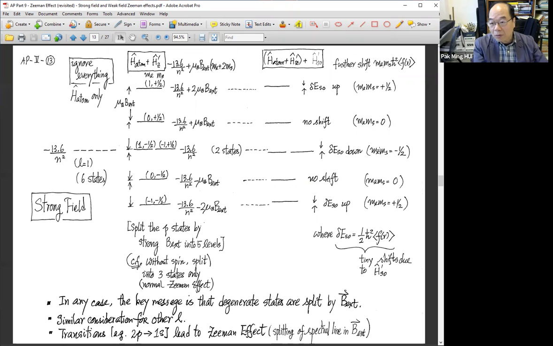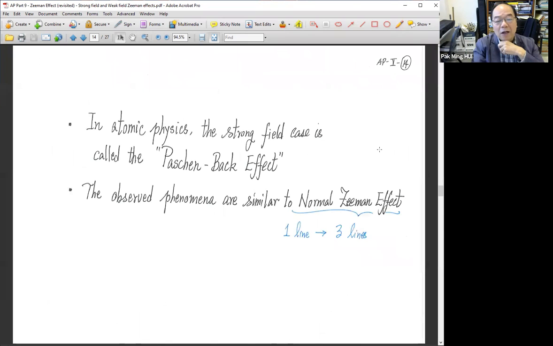And if we work out the possible transitions due to this splitting, say a p state into 5, and then a s state into 2, and then some selection rules, it will happen that we will still see the normal Zeeman effect, namely one spectral line without the field effects, internal or external, will give us 3 lines.